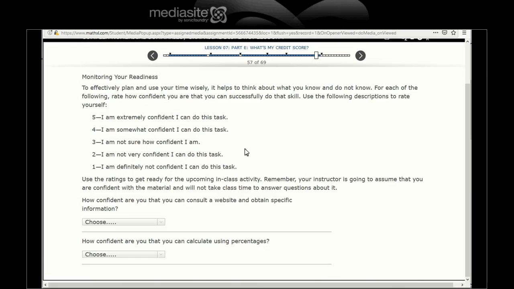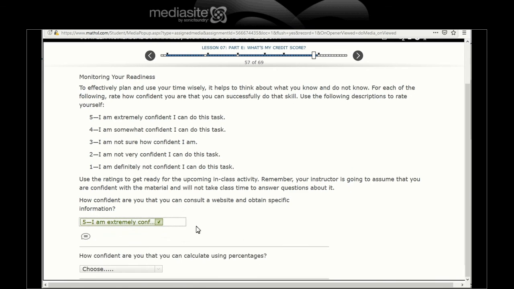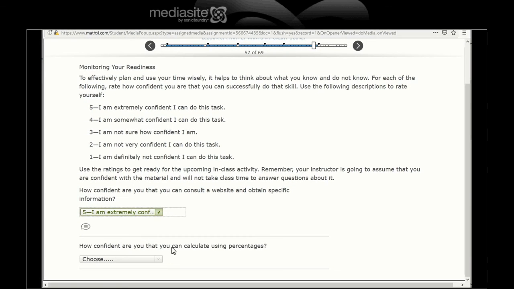Okay, down to the questions here. I have 2 questions. How confident are you that you can search a website and obtain specific information? I'm pretty confident. How confident are you that you can calculate using percentages?